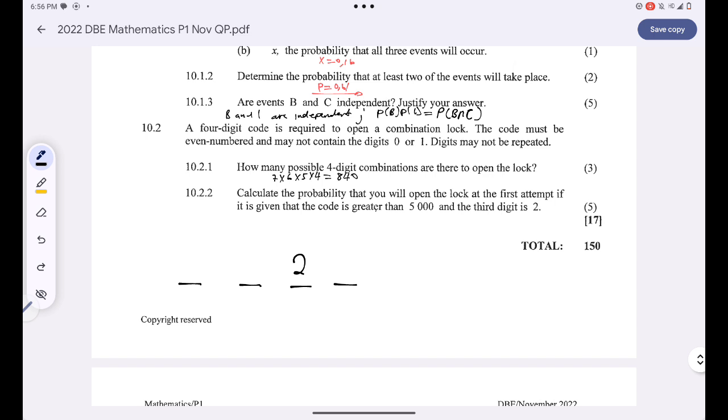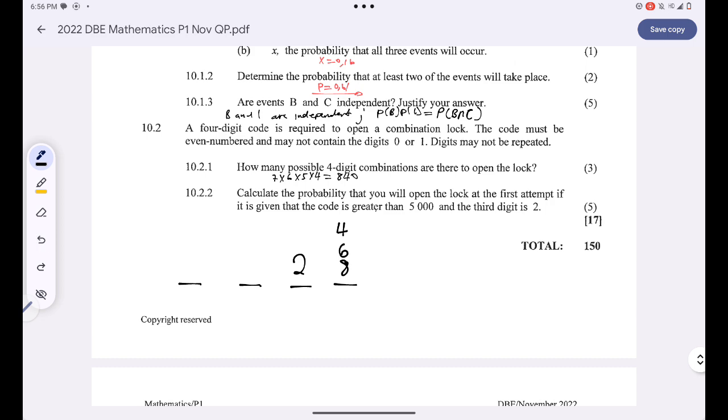I don't care what happens on the other placeholders. Since I have a 2 there, I know that my code has to be an even number. So that means the number at the end can be 4, or it can be 6, or it can be 8. I cannot choose 2 because 2 is in the third digit placeholder.